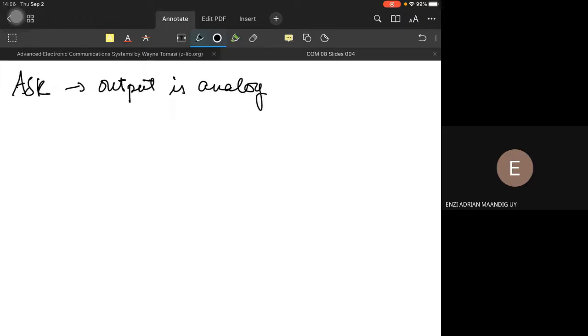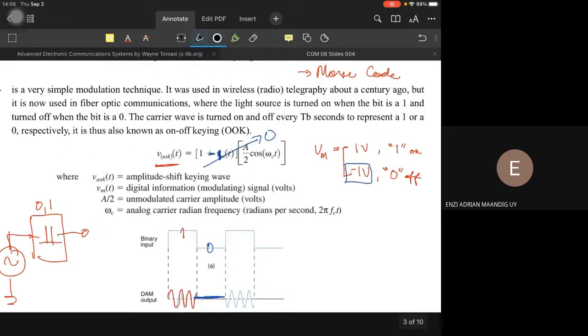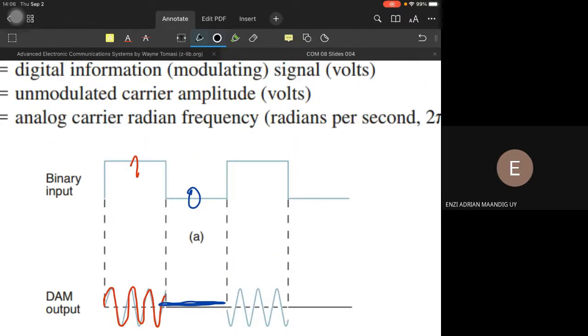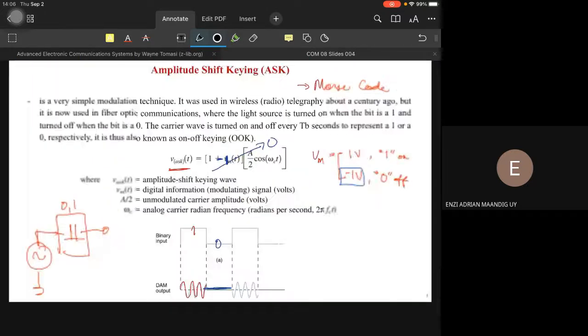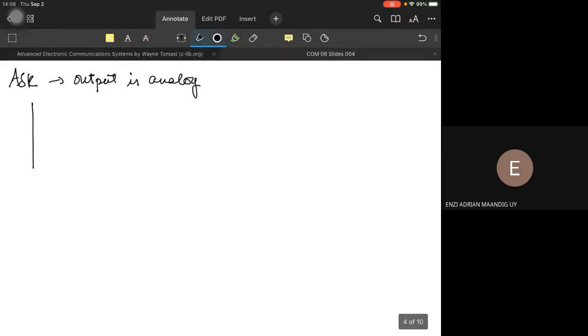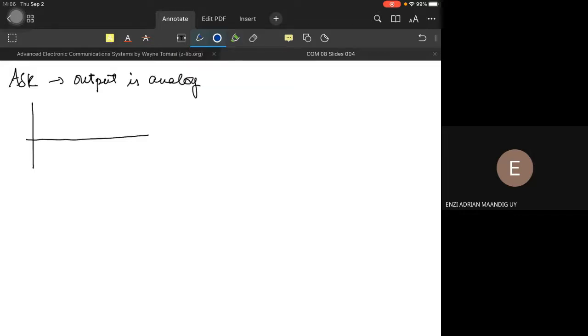So aside sa previous na waveform, there could be other ways to perform ASK. Okay, that's just one. So let's say for example natay input signal. And, let's say for example lang, no?